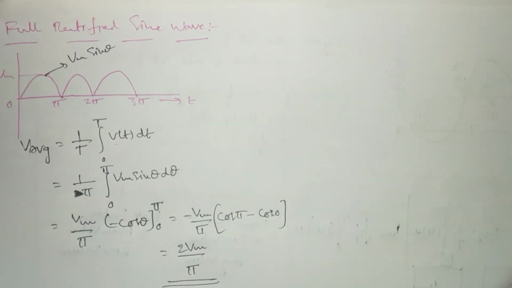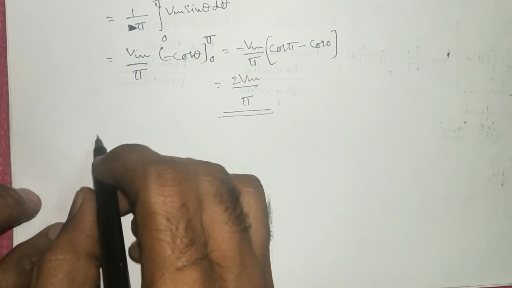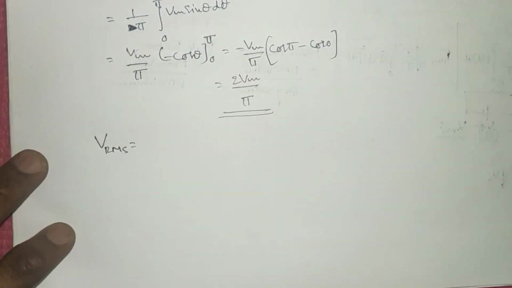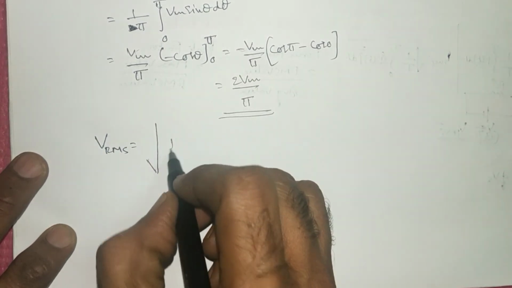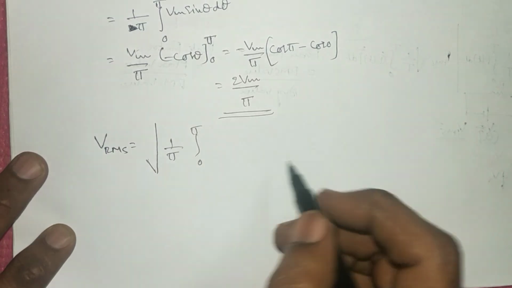Similarly, you can go for the calculation of the RMS value. Let us indicate this as VRMS, which is equal to, I am writing down the formula here, the square root of 1 by pi integral of 0 to pi V of t whole square.